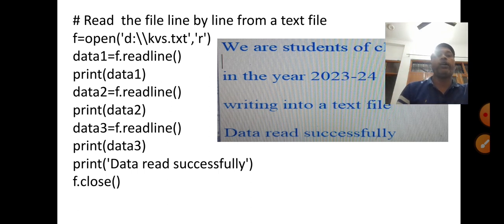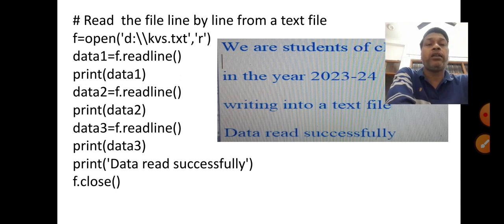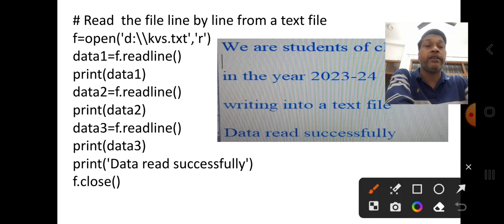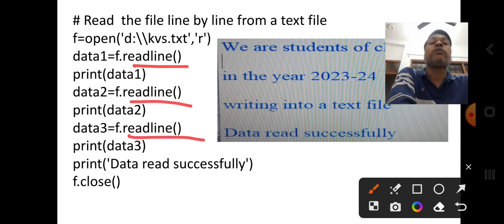When you want to read a file line by line, then you can use the readline function. When you use the readline function, then you can read one complete line, and when the line delimiter \n occurs, you stop at that delimiter.